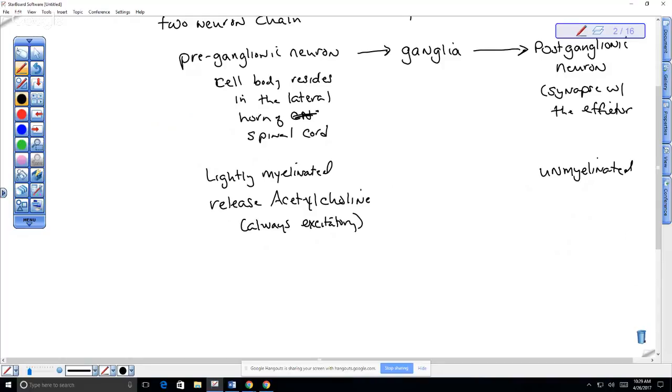When we look at the postganglionic neurons, it depends upon which division we're looking at. If we're talking about parasympathetic, this releases acetylcholine, and in this case, acetylcholine could be either inhibitory or excitatory, depending upon the synapse.